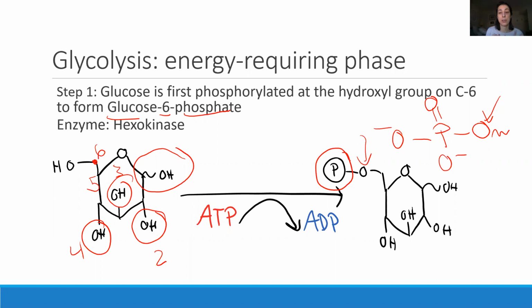So there is a special protein just to do this one step, which is phosphorylating glucose. Hexokinase. Any enzyme that has the word kinase at the end means that it is putting a phosphate group on. And hexo, we have a 6-membered sugar. So that's how you can remember this is 6-membered, this is glucose, and it is phosphorylating, kinase.